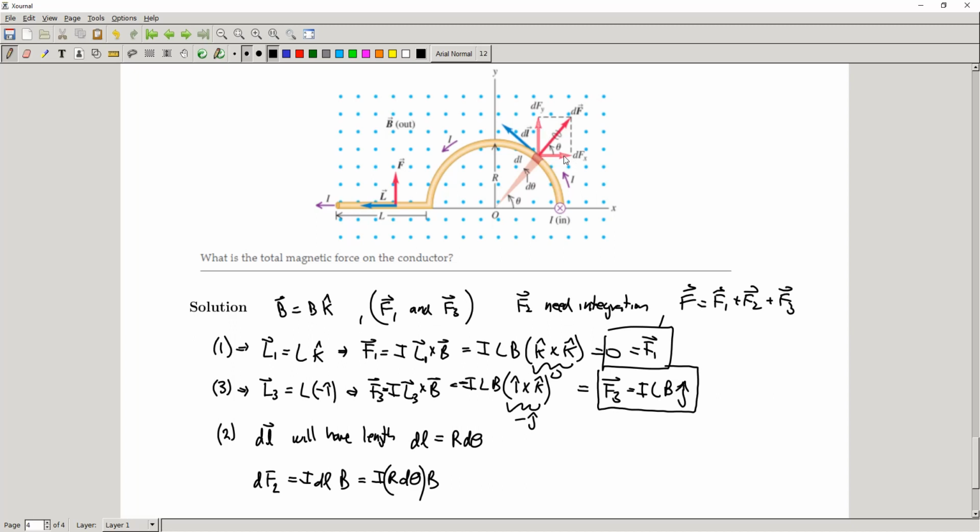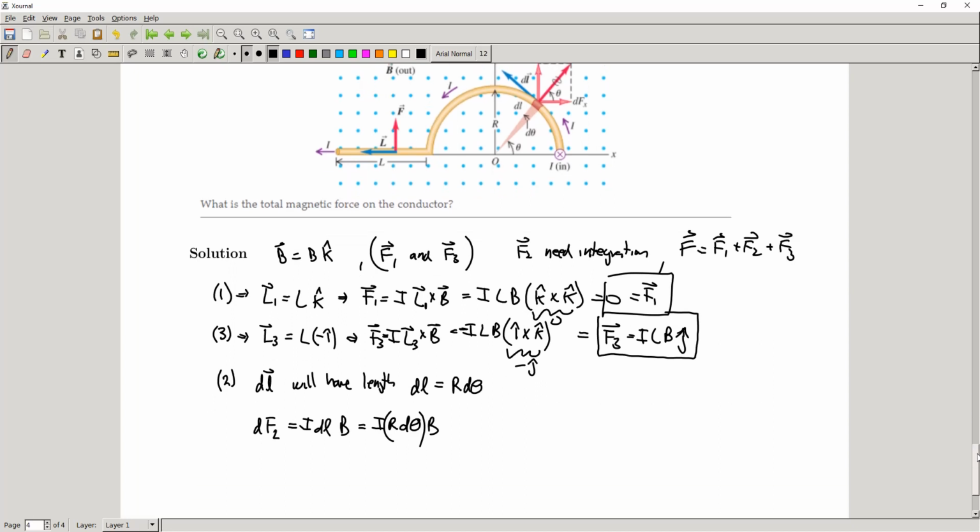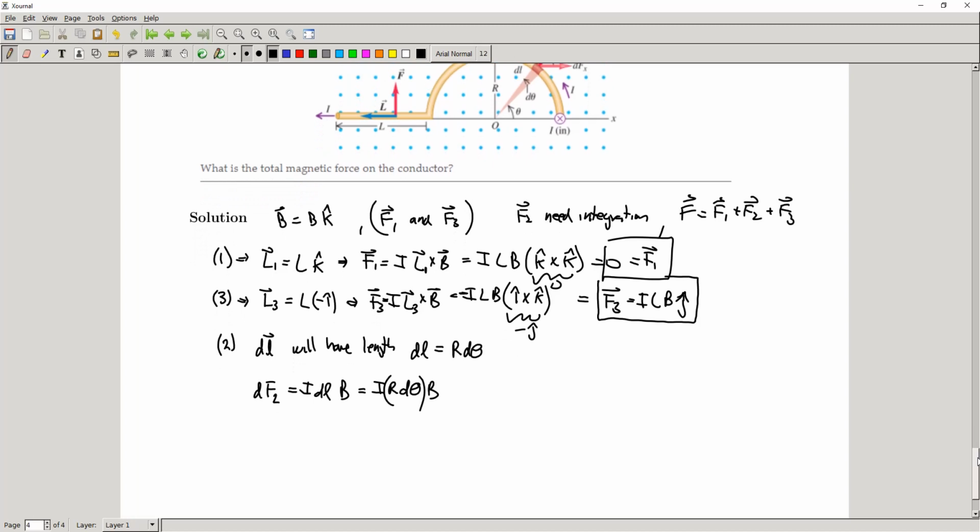As you crank it down over here, more and more of that contribution is in the x direction, until right here it's all in the x direction. Then you crank it up until you get to 90 degrees, and all of it is in the y direction. Then as you crank it back down, you pick up more and more in the negative i hat direction. So we need two expressions that we can integrate to take all of that into account.